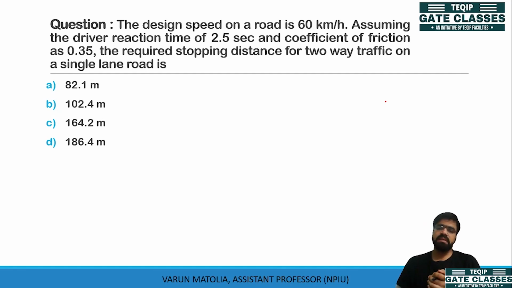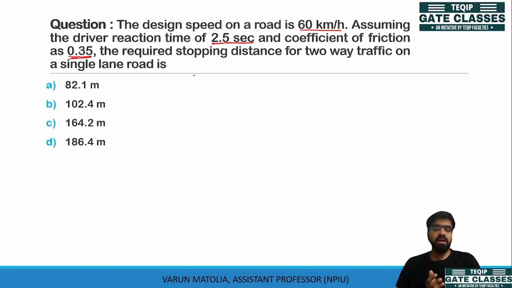Next question says the design speed on a road is 60 kilometers per hour. Assuming the driver's reaction time as 2.5 seconds, we know that for SSD the driver's reaction time is 2.5 seconds, and coefficient of friction as 0.35. The required stopping sight distance for two-way traffic on a single lane road is, they're asking about two-way traffic.